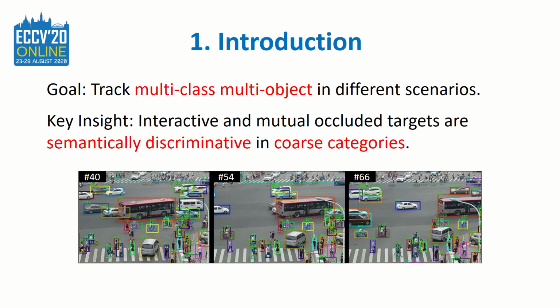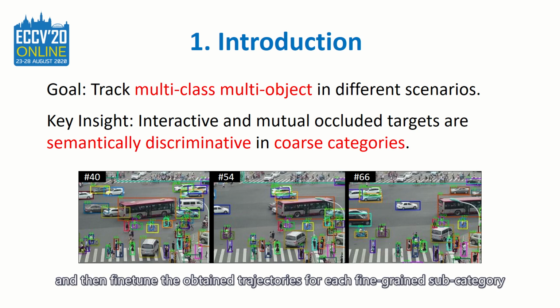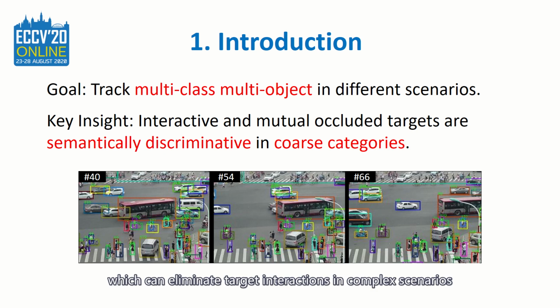On this basis, we propose the COFE MC-MOT method to track targets in different categories, where we first track targets in each coarse category and then fine-tune the obtained trajectories for each fine-grained subcategory, which can eliminate target interactions in complex scenarios, while remaining capable of fine-grained object tracking.